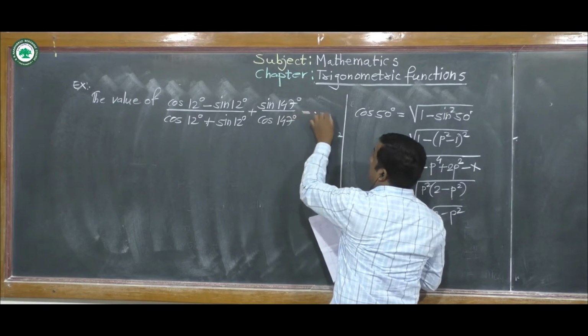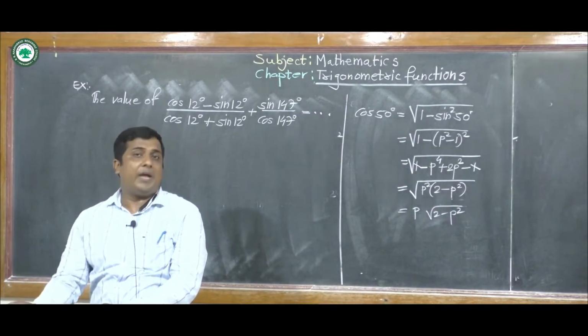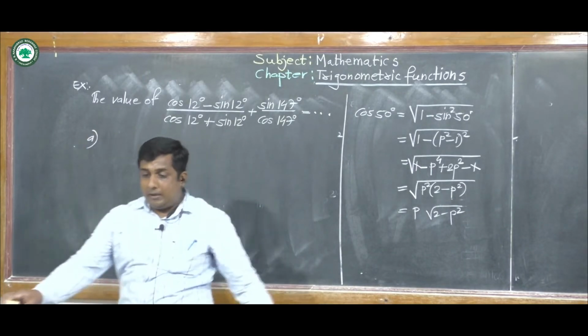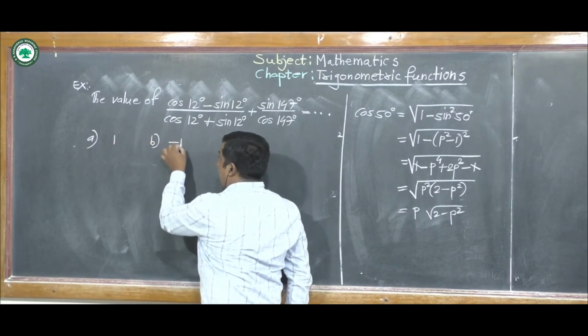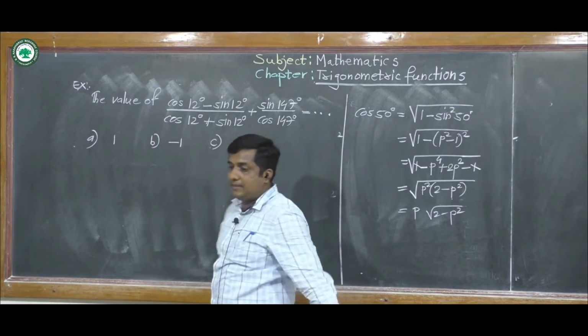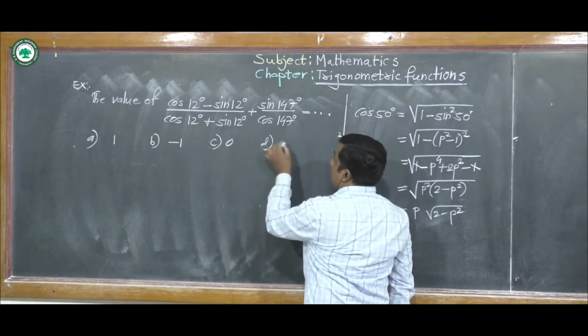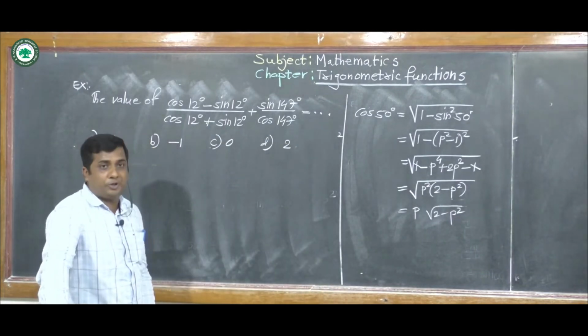Options are given: A is 1, B is -1, C is 0, and D is 2. We have to find the correct option.